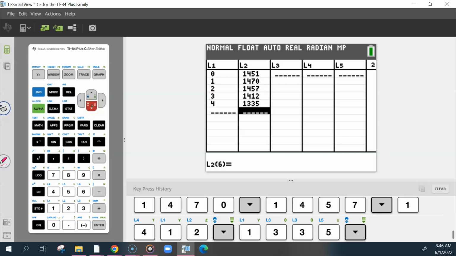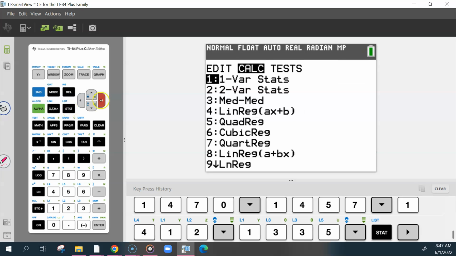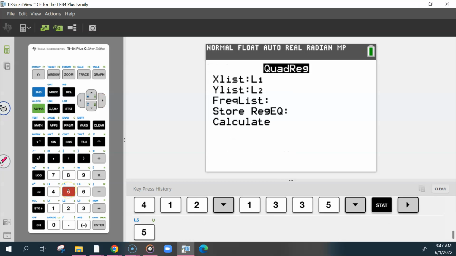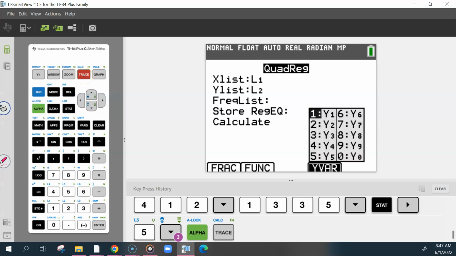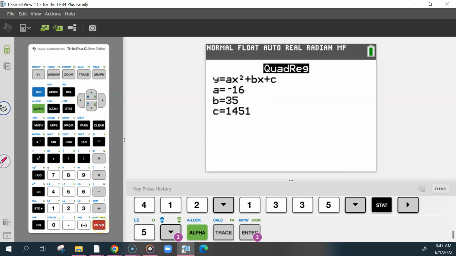So that's all step 1. Step 2 is go back into stat, scroll over to calculate. This is now quadratic instead of linear, so on this sheet I'm starring the quadratic. Actually, I think I missed that. Number 5 instead of number 4. Still go to store regression, hit alpha trace, and enter 3 times. And you would get your equation. Make sure you write that down.